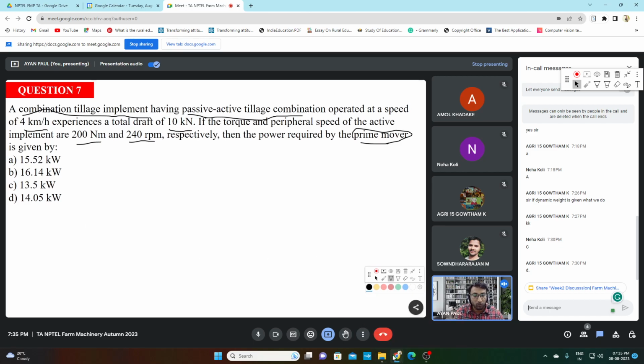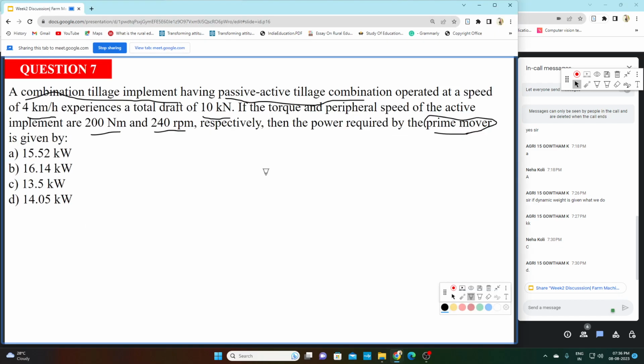So let me move to the slide. So yeah, someone has told power equals to force into V, okay? But we have passive plus active tillage implement, so this formula is applicable for only passive implement, okay? But we have an active implement, and for active implement it is torque into omega.